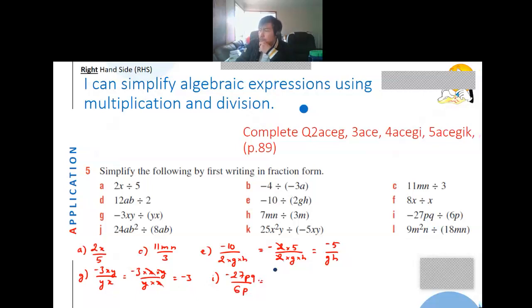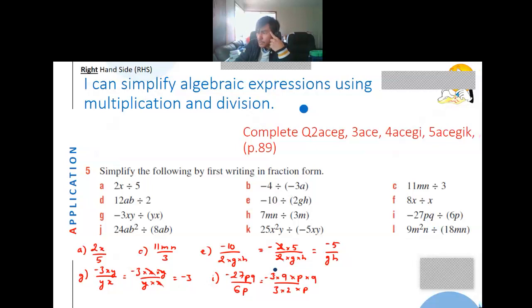Okay, again, let's ignore the negative sign for now, and let's think about what number can go into both 27 and 6. That number would be 3. So 27 is 3 times 9, and then we have P times Q over 6, which would be 3 times 2, and then we've got times P.